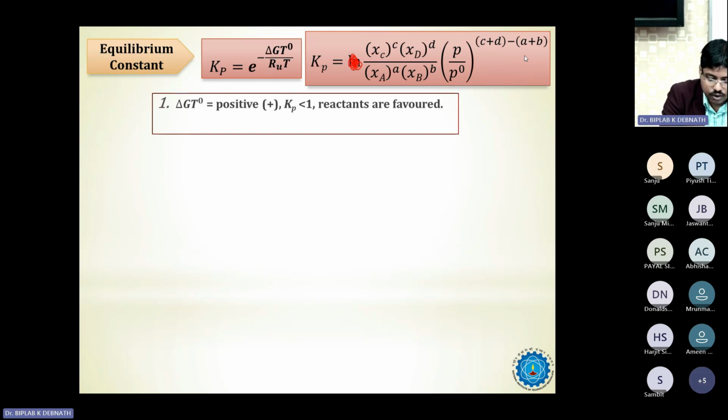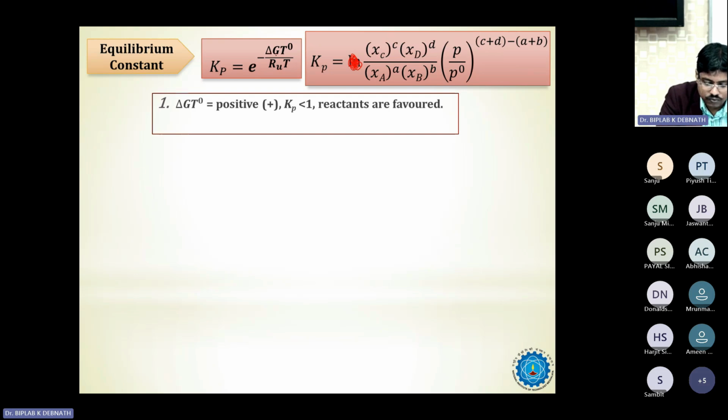If delta G naught is positive, then Kp should be less than 1, then reactants are favored. How?